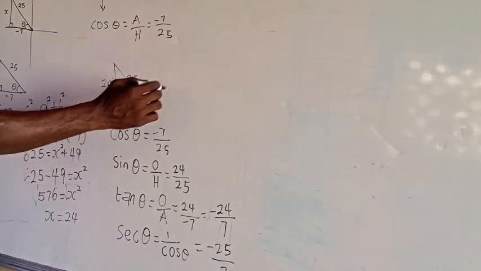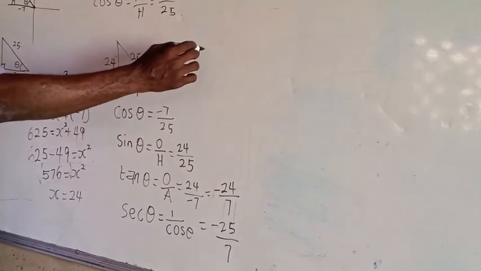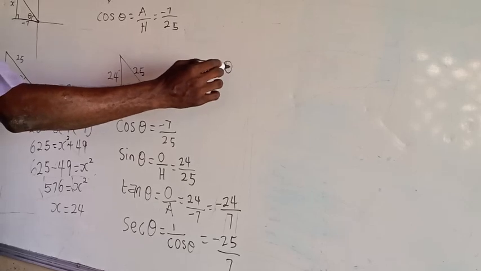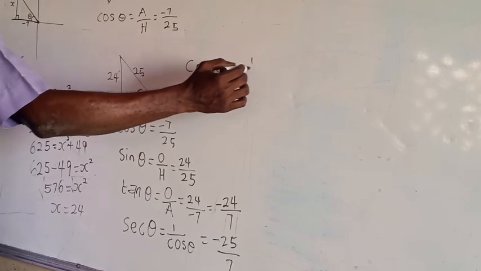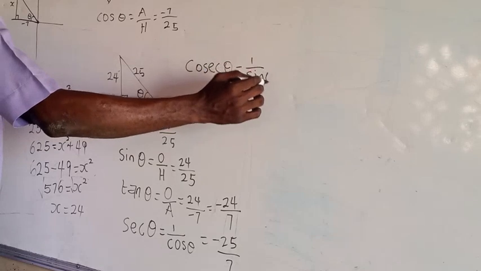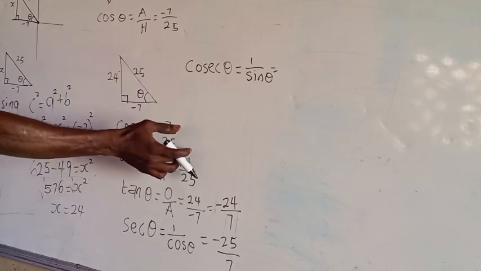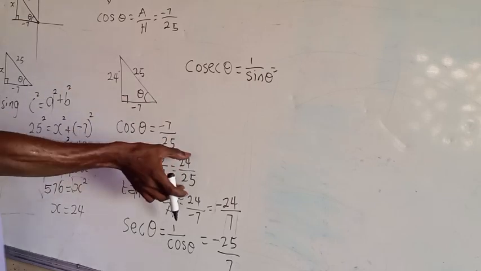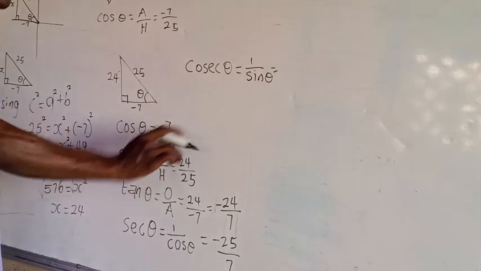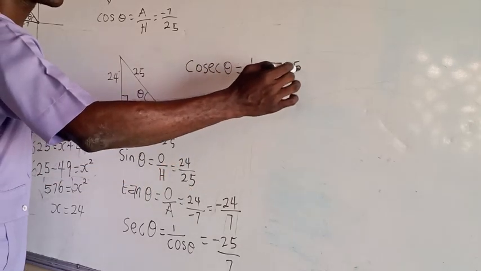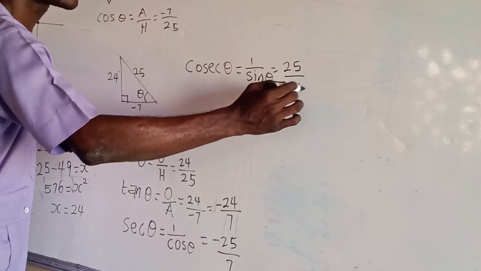That's for secant. The next thing is, let's look for our cosec. So our cosec theta is actually 1 over sine theta, which you can actually say is the inverse of sine theta. Now this is sine theta. Sine theta is 24 over 25. Then the inverse will just be for us to swipe it, so that we have 25 over 24.